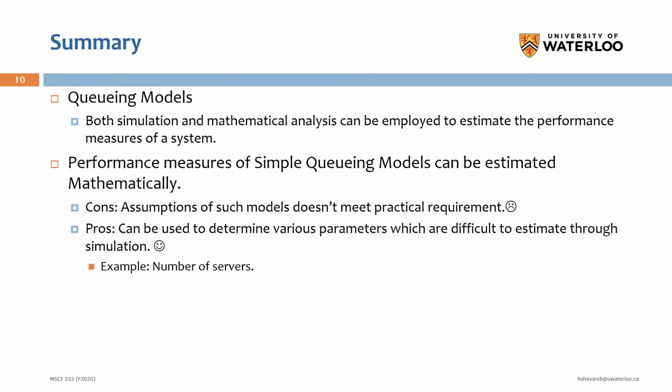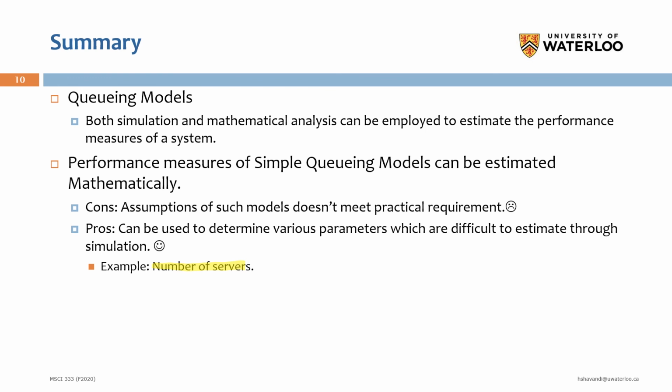And also we can use these models, even with the simplified assumptions, to obtain some measures that are hard to obtain even by simulation. For example, the number of servers, right? If you want to obtain the best number of servers with simulation, you need to try different numbers of servers, and it takes time, right?